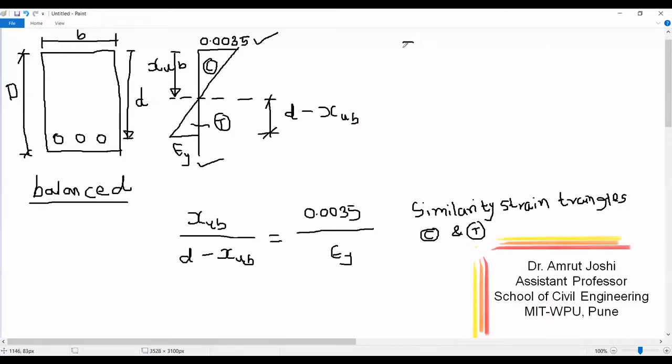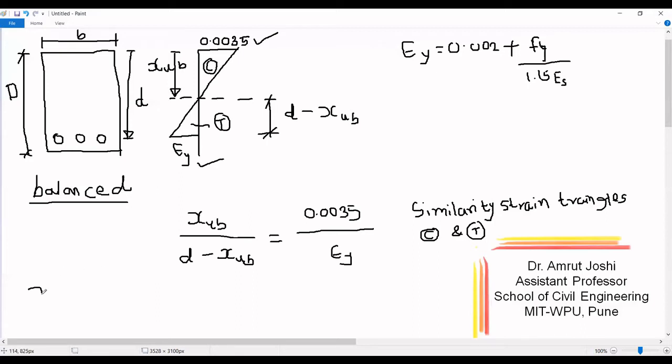We already know the value of epsilon y is 0.002 plus Fy upon 1.15 Es, where Es is the modulus of elasticity of steel and Fy is the characteristic yield strength. We have discussed this in this video. Now, let me substitute the value of epsilon y here. So what do I get?